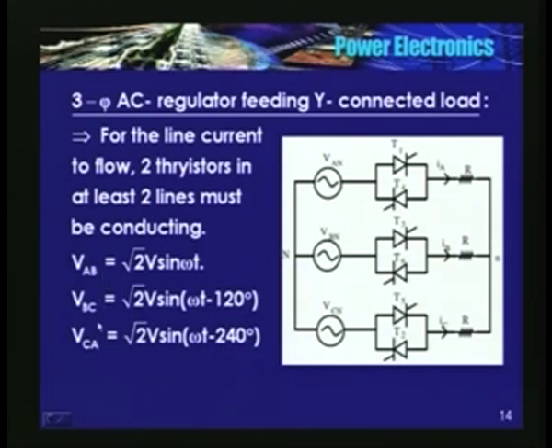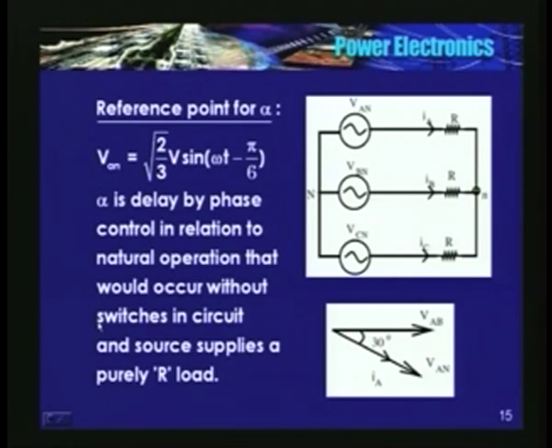Now let's see. What is the reference point for alpha, or where do I start measuring alpha from? What did you do in three-phase AC to DC rectification? We took the point of natural commutation as the reference point.